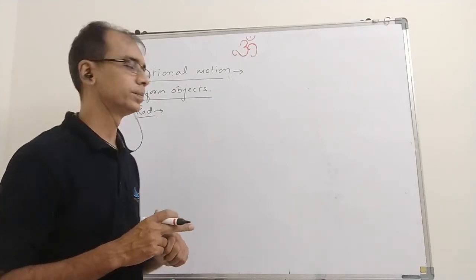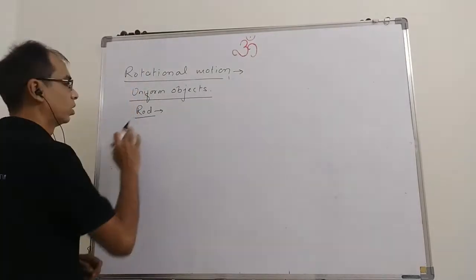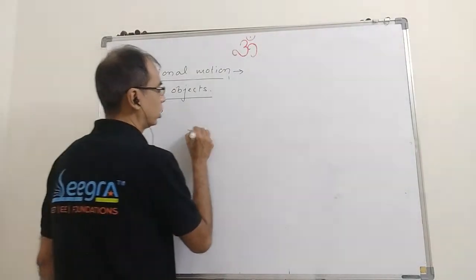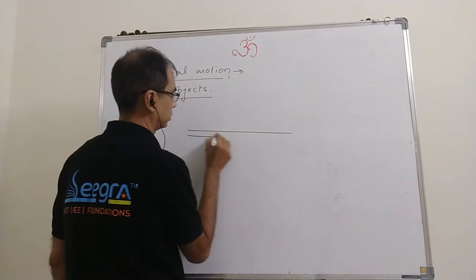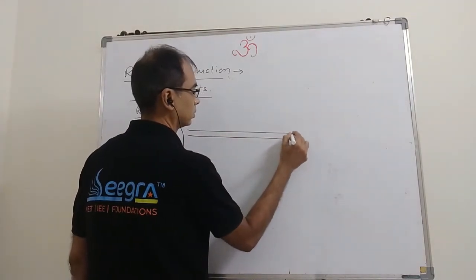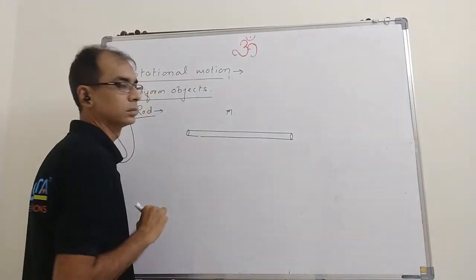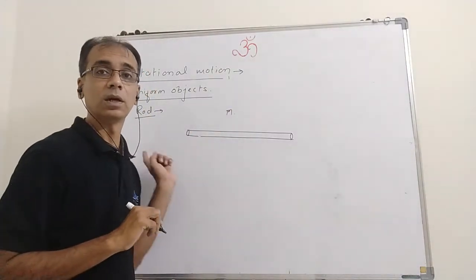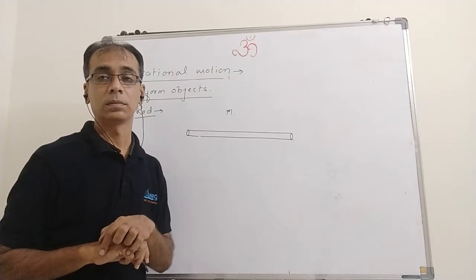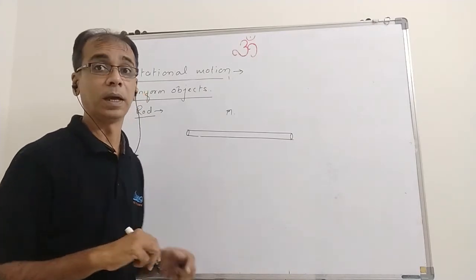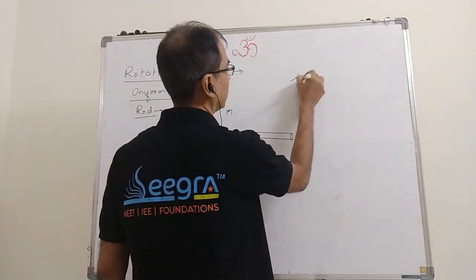So first let's say a rod. Total mass is m. The mass is along its length. Linear mass density, lambda, is mass by length.